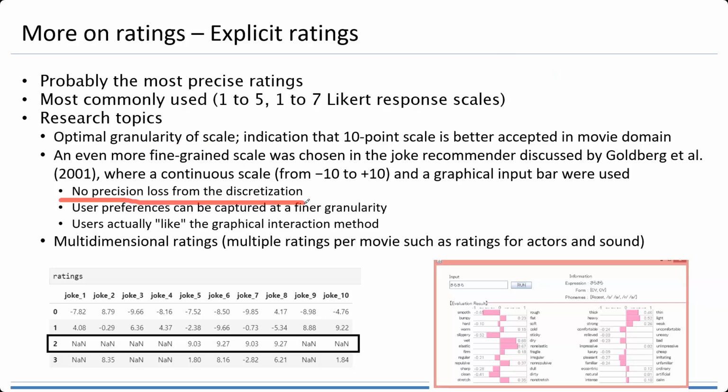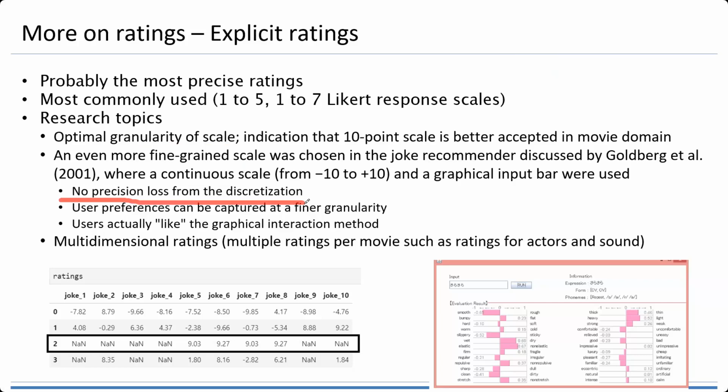But the user may want 2.5, something in between. We do not know. But if we give this kind of value, they mentioned that there is no precision loss. It's more exact. And user preferences can be captured at the finer granularity. With very small values, we can get insight from the user precisely.